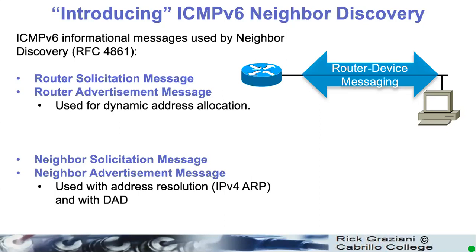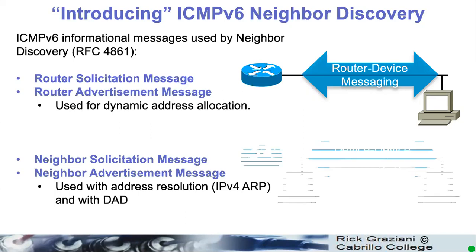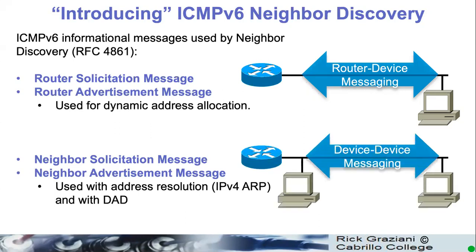We'll look at this later when we look at ICMPv6 neighbor discovery messages, but that's equivalent to ARP in IPv4 and is also used with duplicate address detection. It's any device to any device messaging. And there's also a redirect message, similar to redirect messages in ICMPv4.